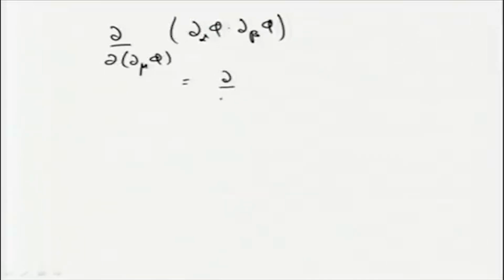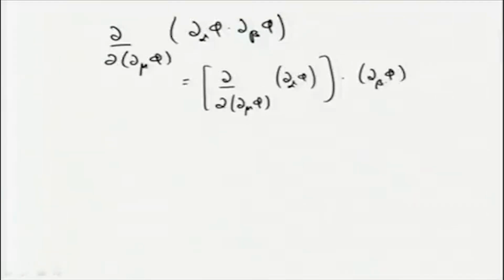I will go slow here, so that we understand the steps, and then we will go a little faster later on. First, let me take the derivative with respect to the first factor here, ∂_α φ, and the other one is a spectator, plus do the other way around, ∂_α φ is a spectator and the derivative acts on ∂_β φ.